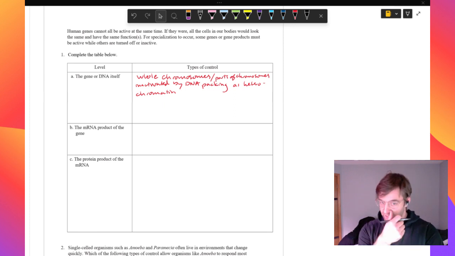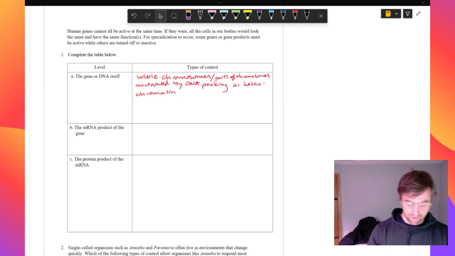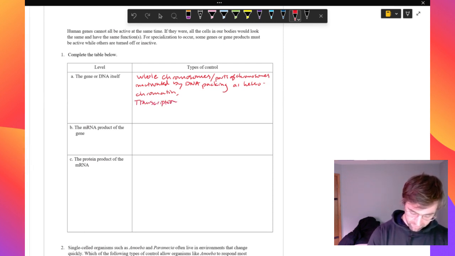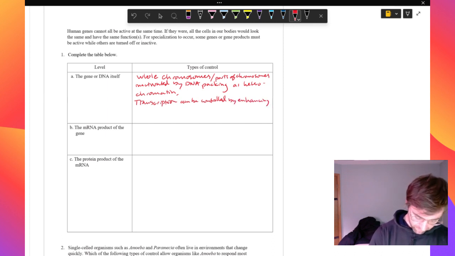Transcription from DNA can also be controlled by enhancing or inhibiting the action of various proteins that interact with the DNA and or the RNA polymerase to make it more or less likely to produce an mRNA transcript. We have transcription can be controlled by enhancing or inhibiting.